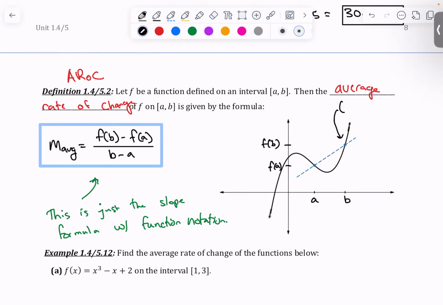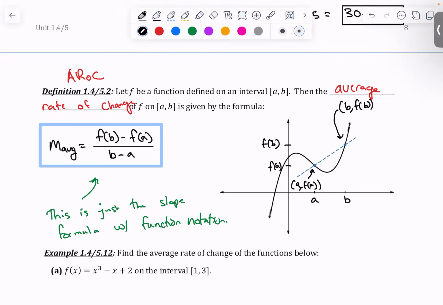This is the point b comma f of b. And this is the point a comma f of a. So x sub 2, y sub 2, x sub 1, y sub 1. y sub 2 minus y sub 1 over x sub 2 minus x sub 1. It's literally the slope formula. It's just written in a different way.